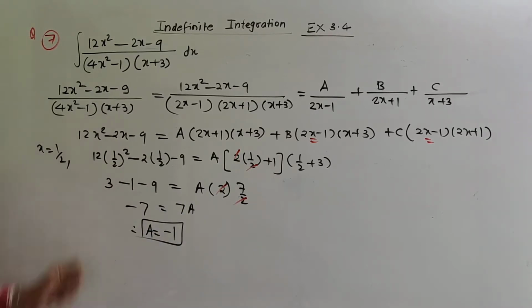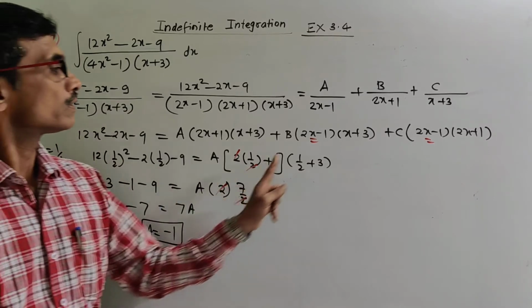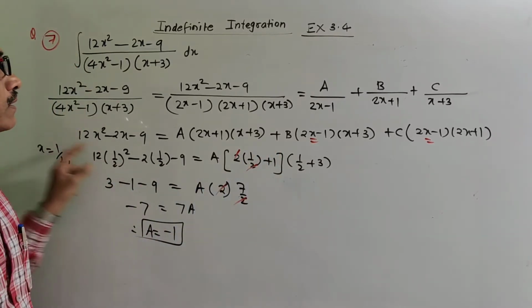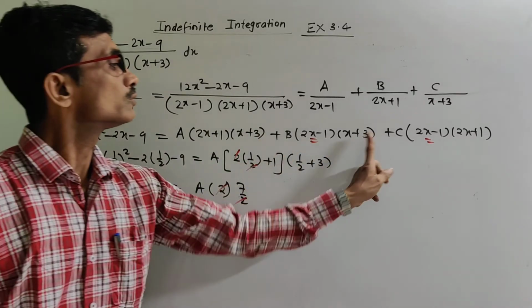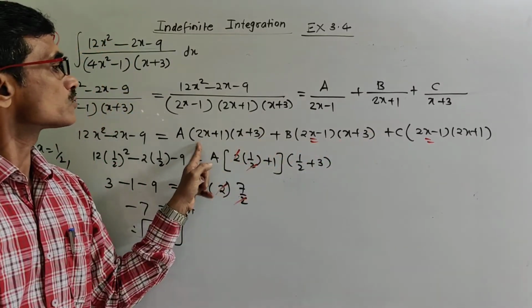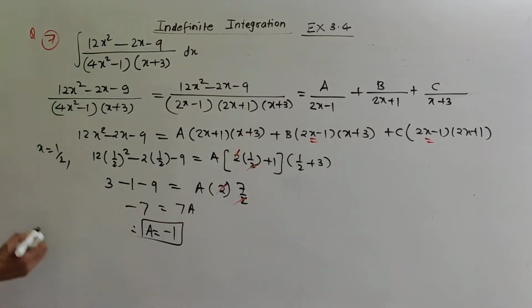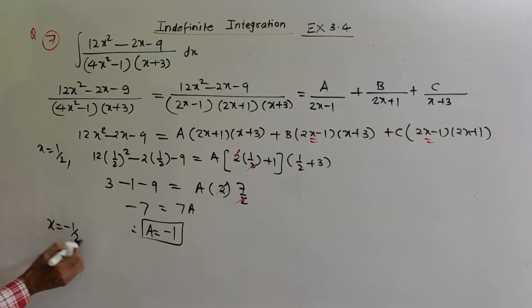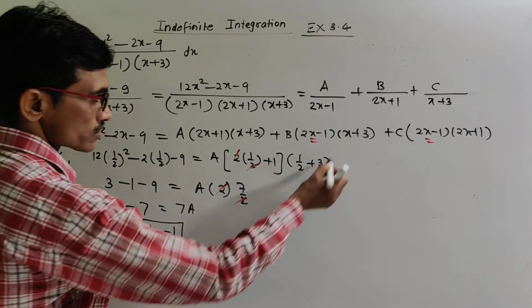Then here we put x is equal to 1/2; to get b, put x is equal to -1/2.